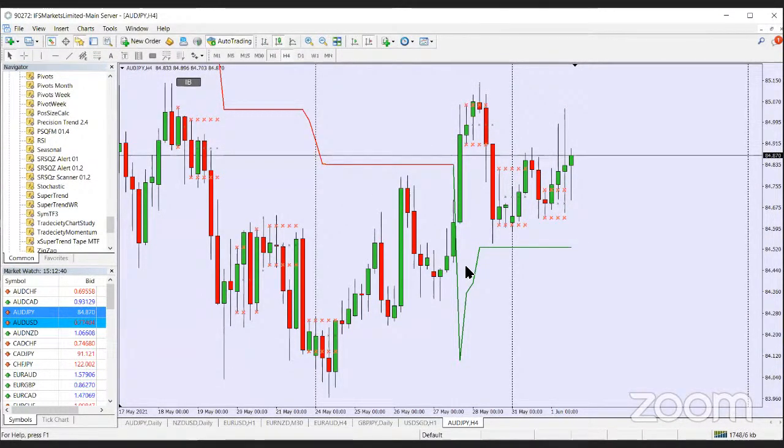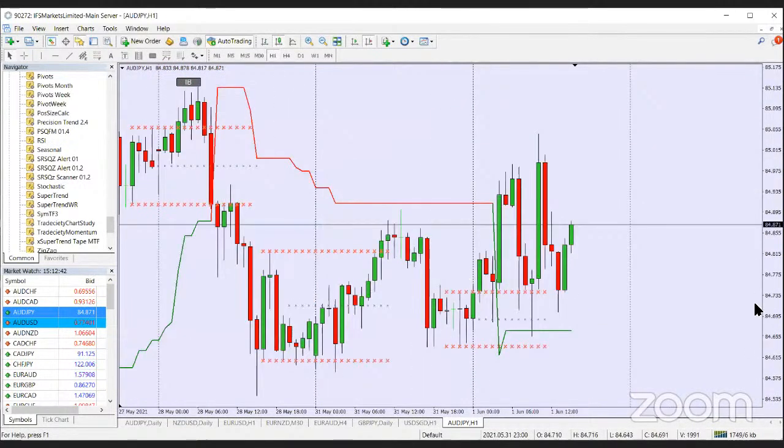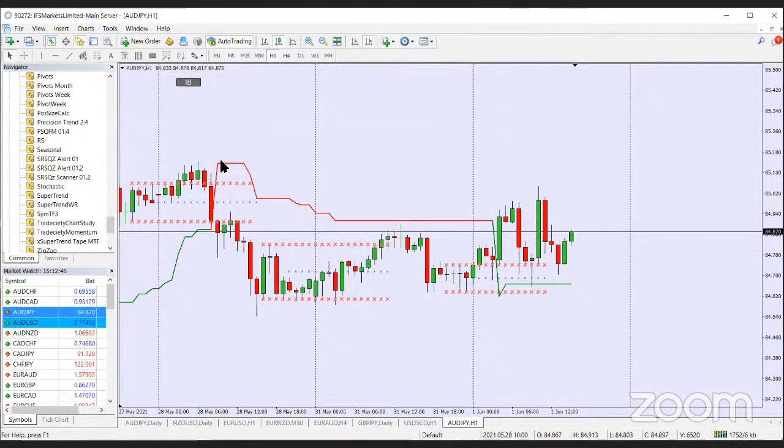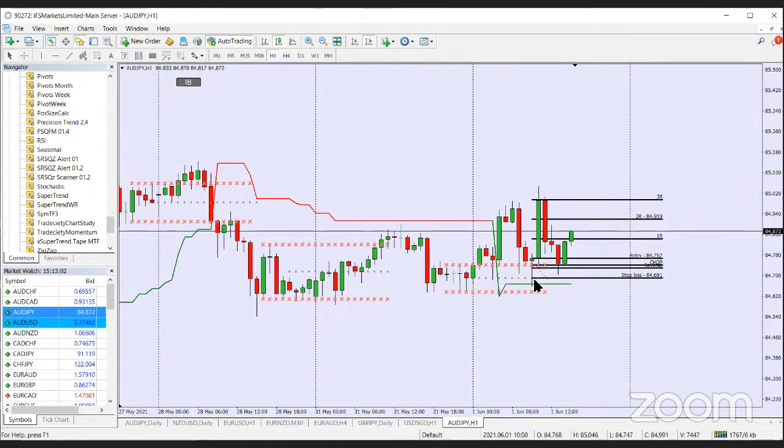So going down to H1, originally the Super Trend is red until much later when it turns green. Same thing, you see a breakout, a retest happens when Super Trend is green, and we can do a market entry. My stop loss will still be at the midpoint.